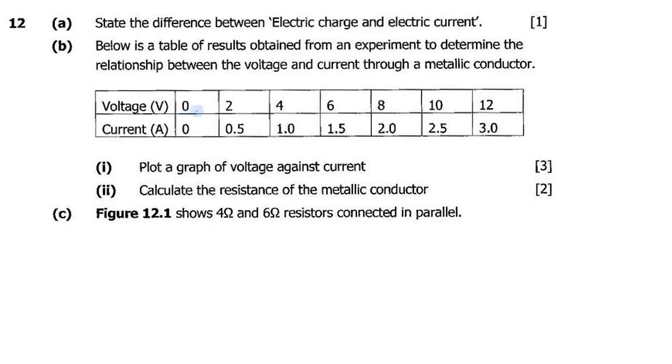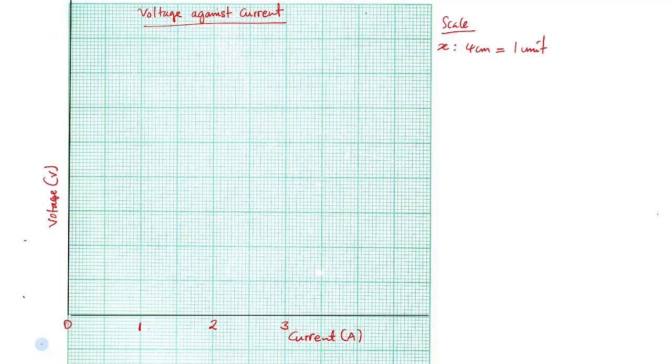Voltage starts from 0. The highest is 12. So we have a lot of units here. So it's better we say 2, 4, 6, 8, 10, 12. But if we say 1, 2, 3, 4, 5, 6, 7, 8, 9, we will not reach 12. So it's better we say 2, 4, 6, 8, 10, 12. Maybe this is 14, it's okay.